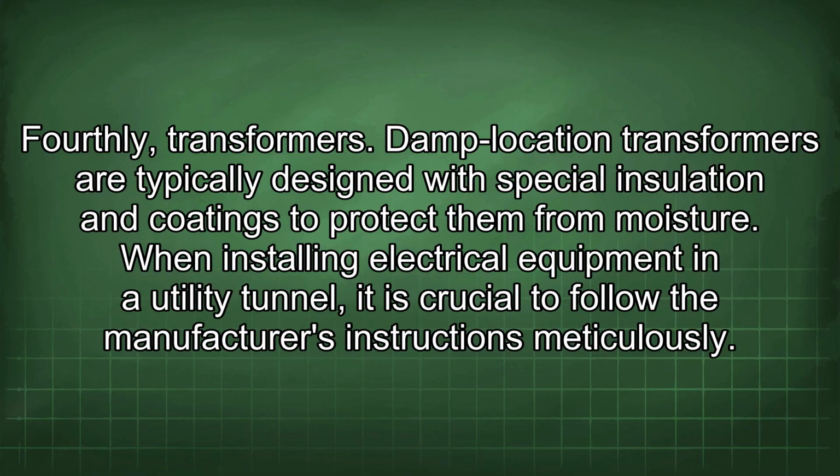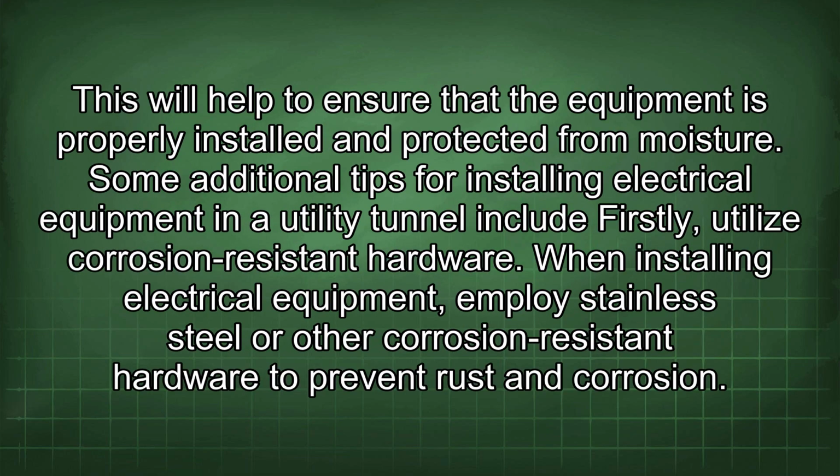When installing electrical equipment in a utility tunnel, it is crucial to follow the manufacturer's instructions meticulously. This will help to ensure that the equipment is properly installed and protected from moisture. Some additional tips for installing electrical equipment in a utility tunnel include, firstly, utilize corrosion-resistant hardware.